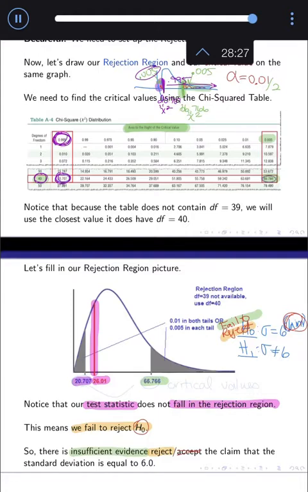Remember, this is the exact same answer that we got before. That's not a coincidence. That will always happen when we compare the answers to the p-value approach and the rejection region approach. The answers should always be the same.